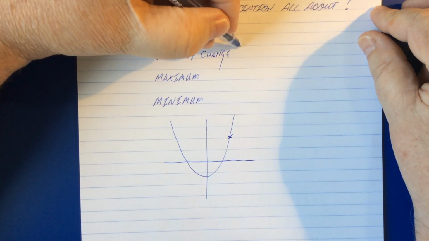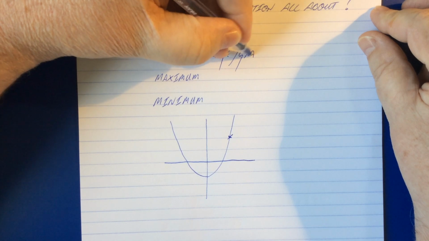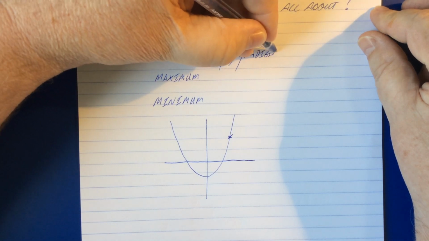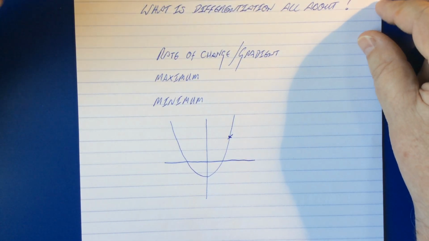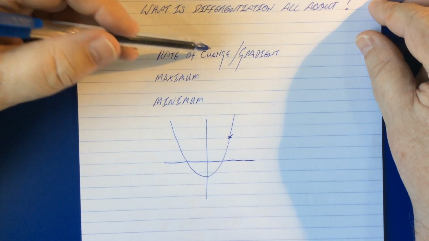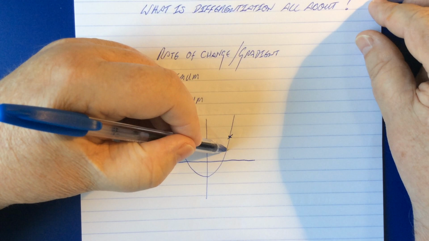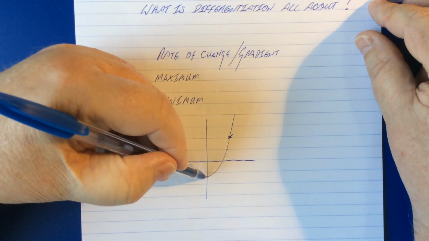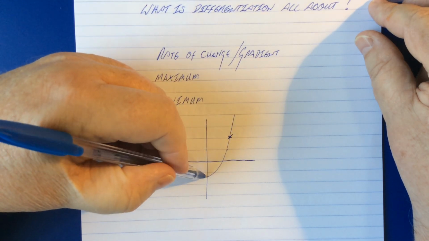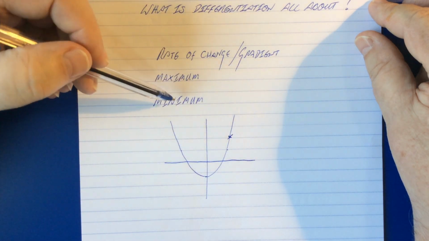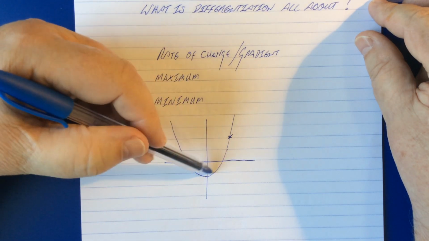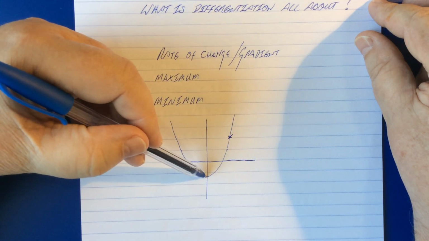These are the same things. The gradient of a function is the same as the rate of change of that function at this point, or this point, or this point, or sometimes most importantly this point. And coincidentally, this point is the minimum value of this function.